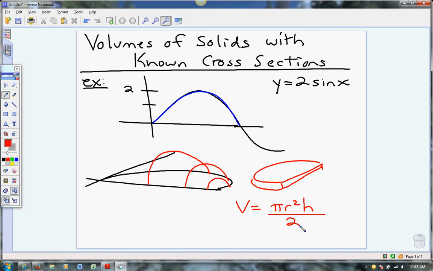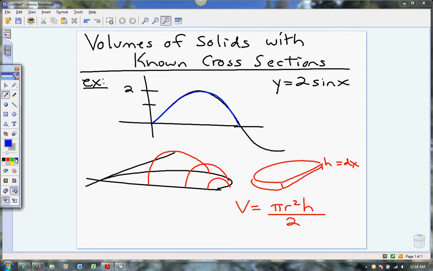And remember, the height in all of these cases that we've been working with gets represented by dx, because we're cutting off an infinite number of these little half-cylinder regions. So the radius, we need to talk about.